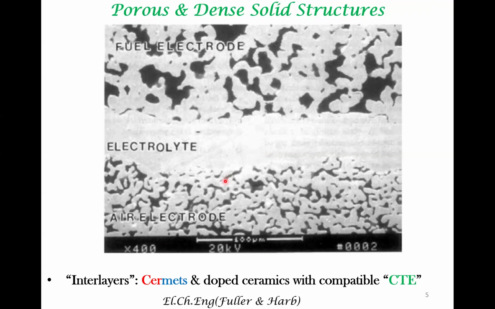Else, what would happen is that as you keep increasing the temperature of the fuel cell, there will be thermal stresses generated, which may lead to delamination of these components, or it may lead to cracking of the component. So there are a lot of material challenges that have to be solved before you can implement solid oxide fuel cells on a large scale.